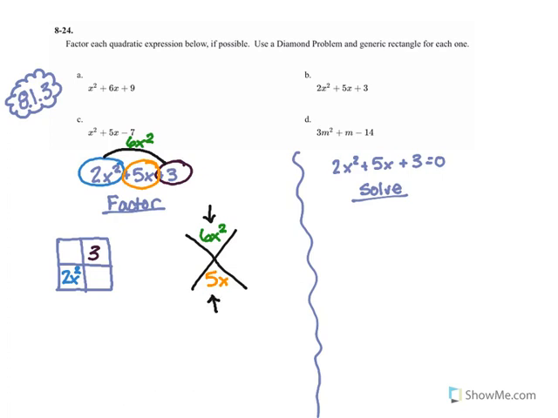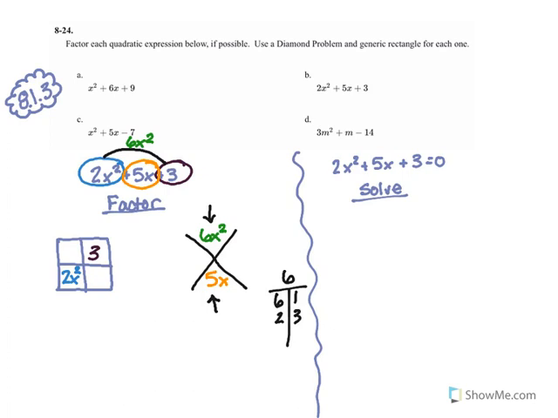And if we think about this, let's list our factors of 6. So we have 6 and 1 and 2 and 3. We know they have to multiply to a positive 6, and they have to add to a positive 5. If we're multiplying to a positive 6, that means we either need to multiply two negatives to get a positive, or we need to multiply two positives to get a positive.